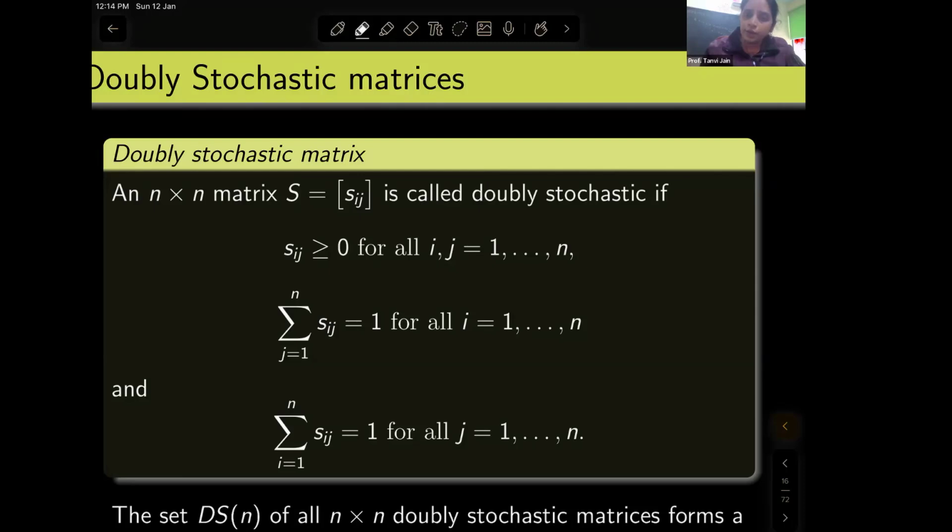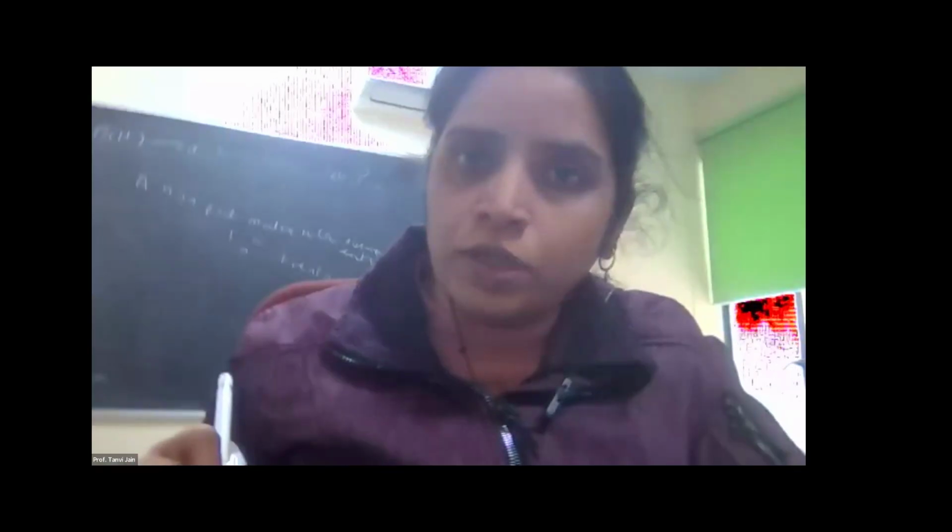One can easily check that because all row sums and all column sums are equal to 1, the set of all doubly stochastic matrices is bounded. Just go with the normal metric on R to the n square, and you can show that it's closed. So it's a compact set, the set of all doubly stochastic matrices.